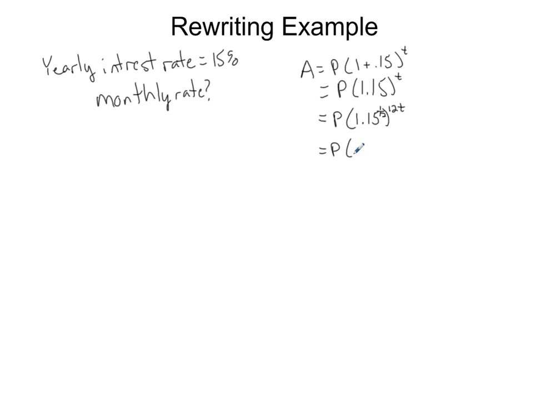Alright, so now we raise 1.15 to the 1/12th power. So we get the principal times 1.012 to the 12t power. So what's the monthly rate? Well, the monthly rate isn't this entire thing, because if you remember your exponential growth and decay, this whole part in here is called your growth or decay, whichever one it happens to be, factor.